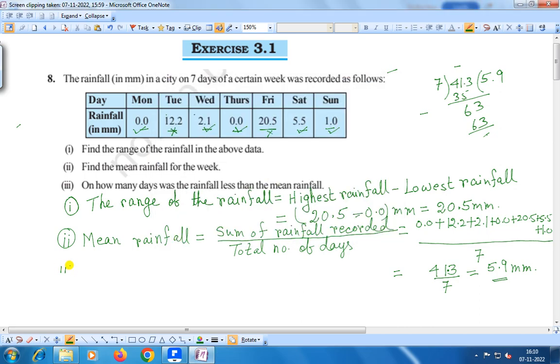Question number 3, the answer is 5 days.